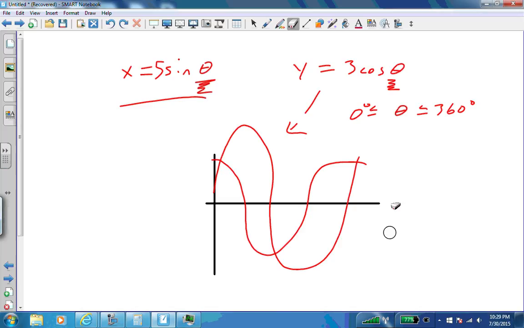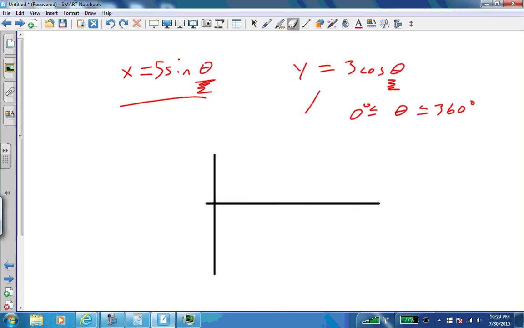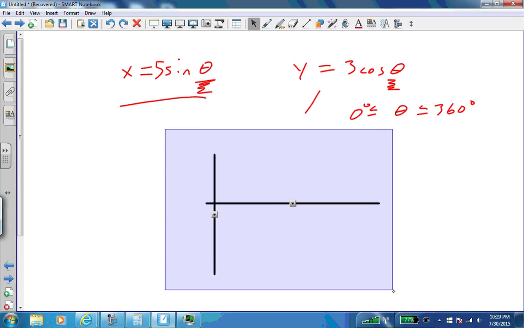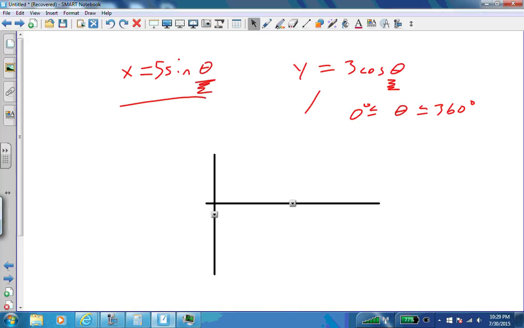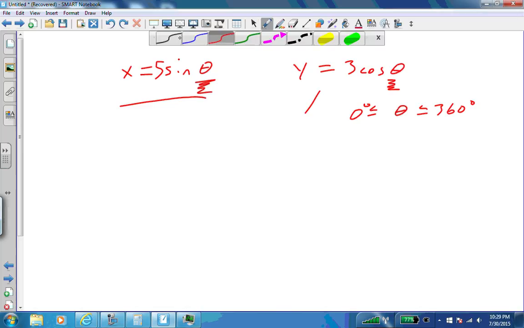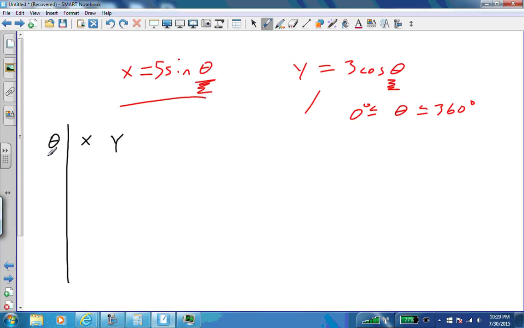But what we're wanting to do is not plot theta as an angle. We're just wanting to let that be the parameter that relates x and y. So let's make a table. And probably the quadrantal angles will be enough here.